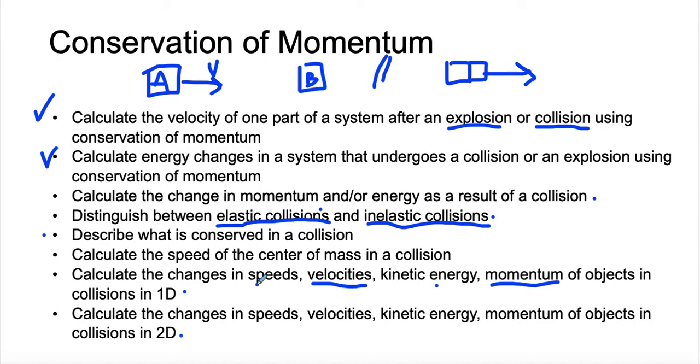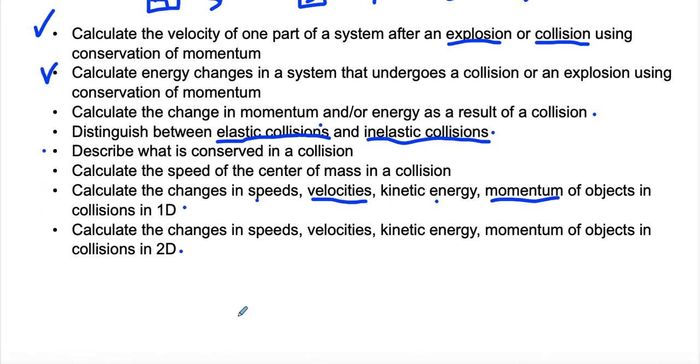Energy and speed are not, so those are not going to matter in terms of direction. That goes for two dimensions as well. There is no X kinetic energy and Y kinetic energy. There's only kinetic energy. But there is an X momentum and a Y momentum, or an X velocity and a Y velocity. And so you have to consider those things together.